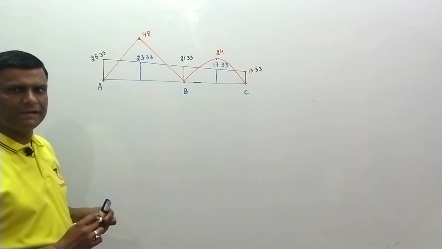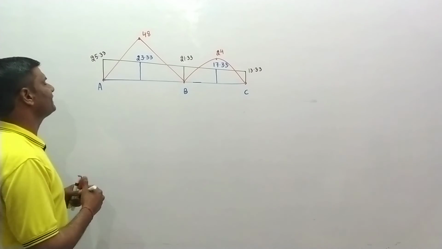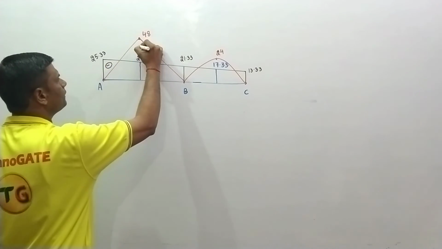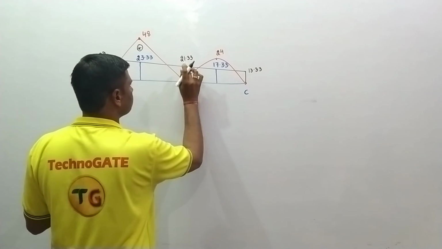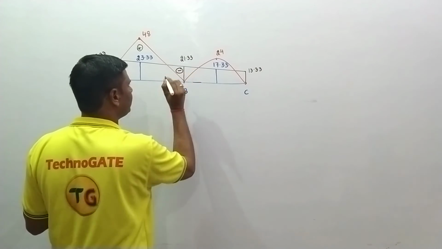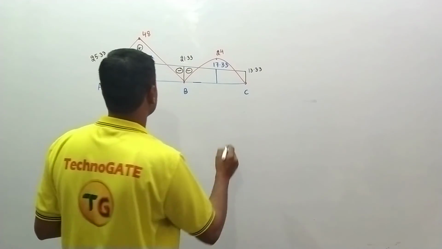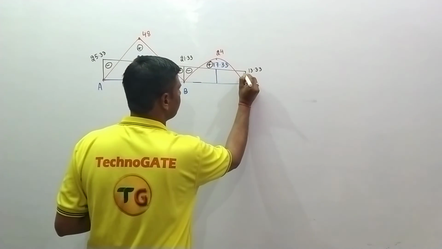Now this is our simply supported moment diagram. Now the common area is neglected. Only this negative area will be there, this positive area, this negative area, this positive area, and this negative area.